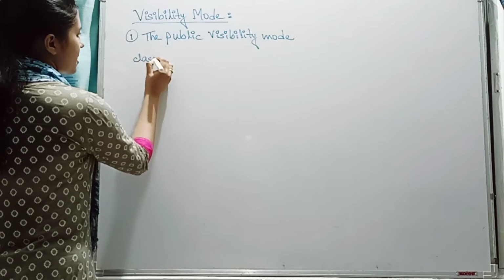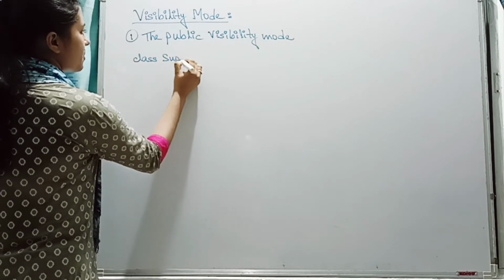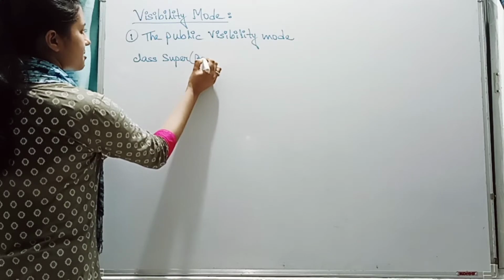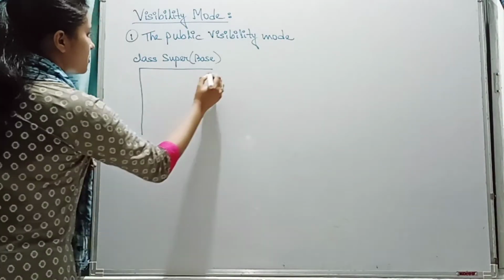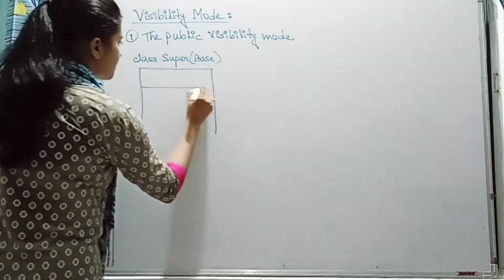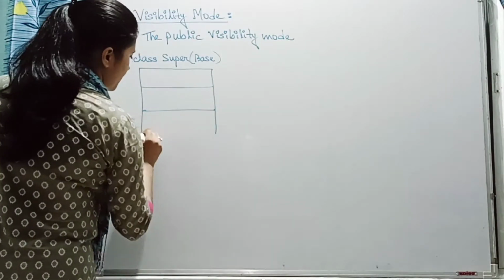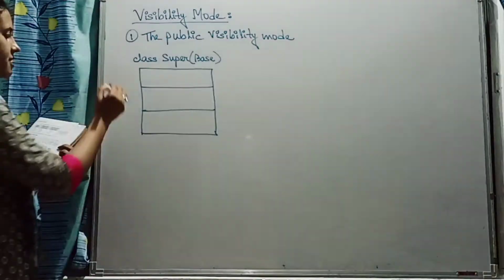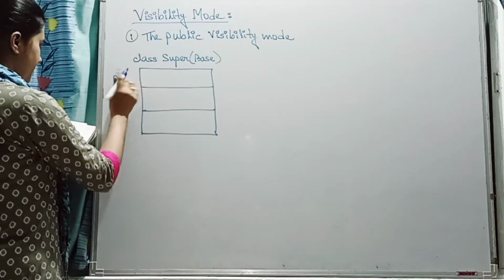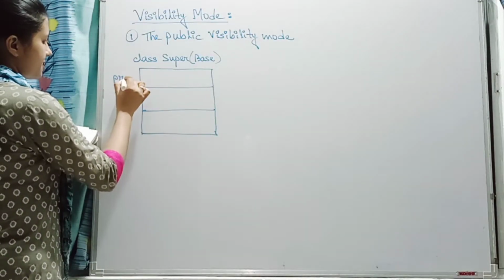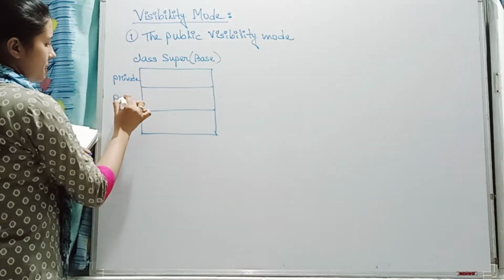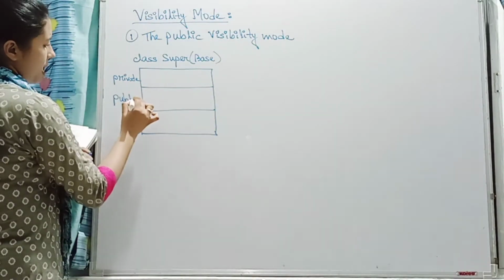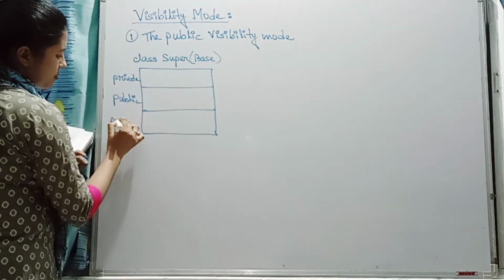Suppose this is our class super and this super is our base class. Okay, first we define the base class. So first we will write the base class. The base class is divided into three parts. One is the private section. This is the public section part and this is the protected section.